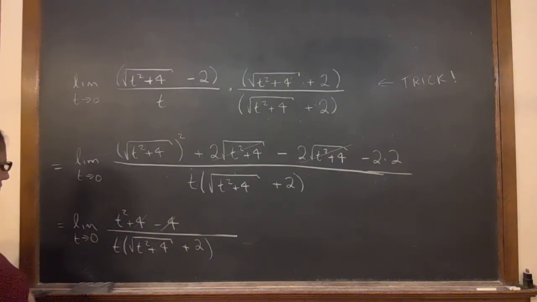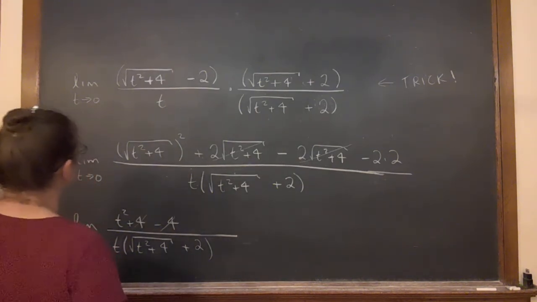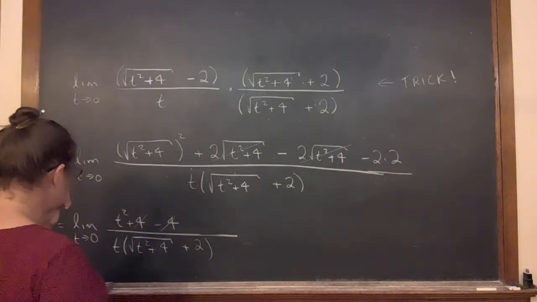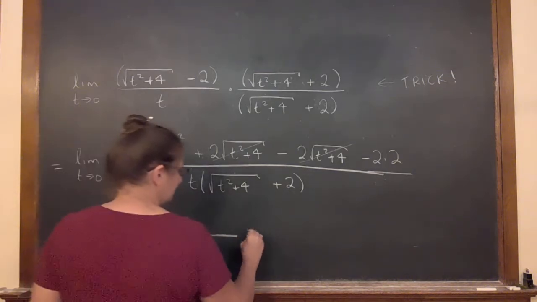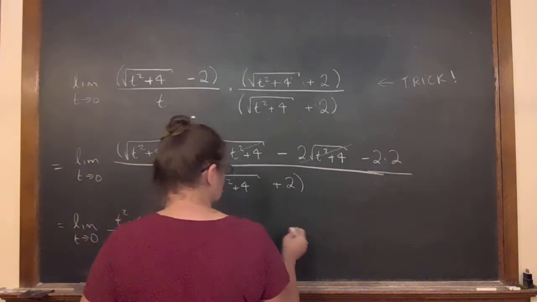Okay, so here we have this. Huh. I don't know where is t squared. Okay, whatever. That'll be fine. Okay, so then what do I end up with? I don't know if it wasn't supposed to be t squared.